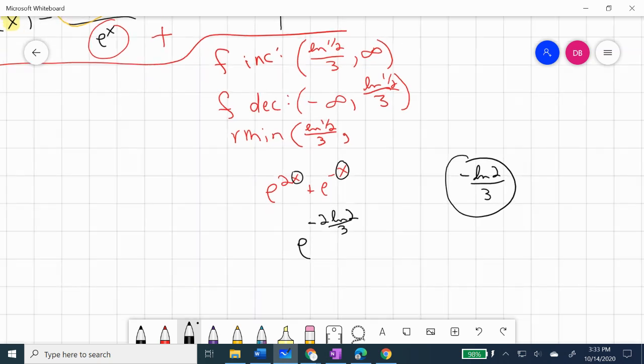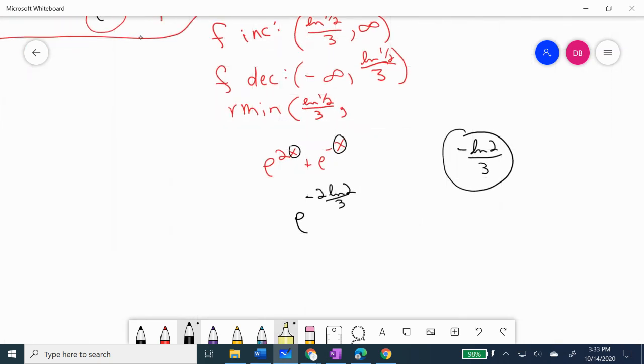And if you like, that 2 multiplying in front can become an exponent, making this negative the natural log of 2 squared divided by 3. Yeah, that's not so pretty. Anyway, I still have another exponential, plus e to the power of negative x, so basically e to the natural log of 2 divided by 3.